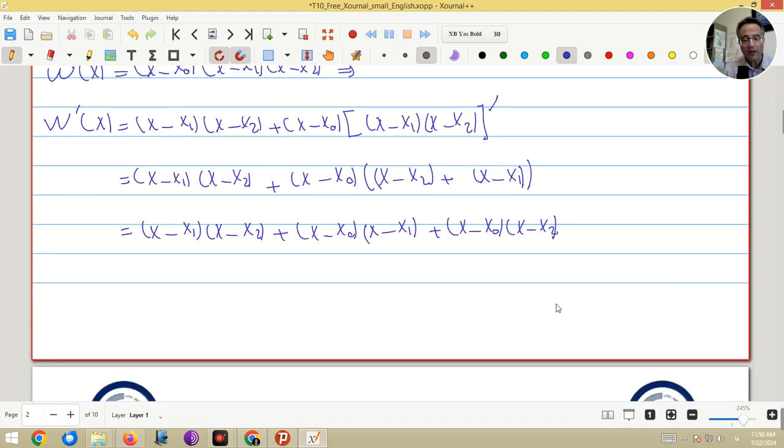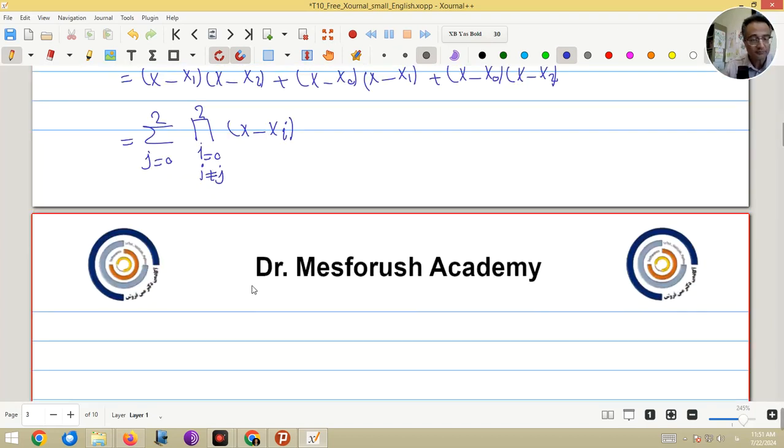Okay, if I write it in the sigma form, it will be the sum over j equal to 0 to 2 of the product over i equal to 0 to 2, i not equal to j, of x minus xi. This exactly is equal to this one. If you expand, you will get something like this.